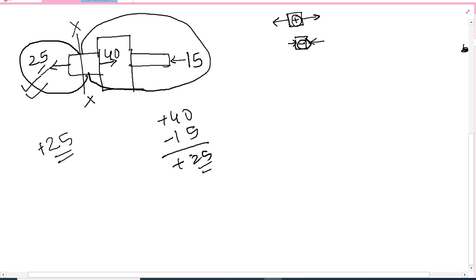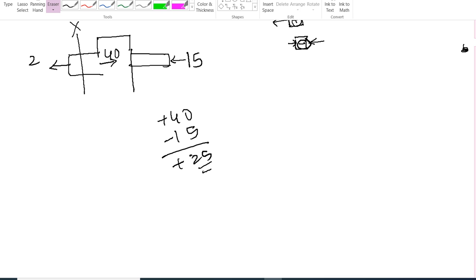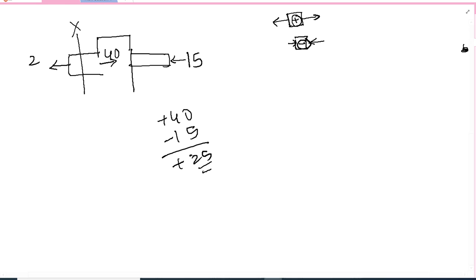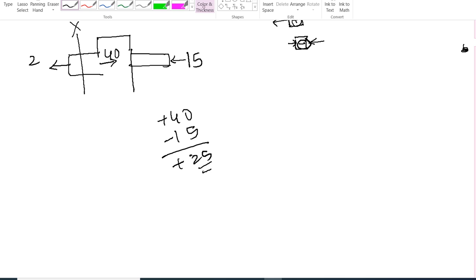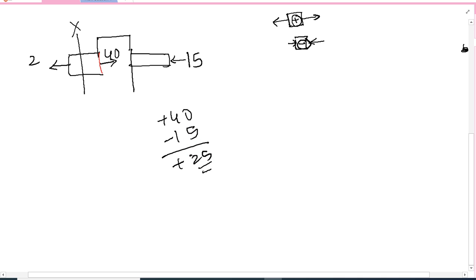Suppose I need to find the load at another section. I'll draw it again. At this section, if we look at either side, on one side there are two loads, 25 and 40, and on the other side there is only 15.